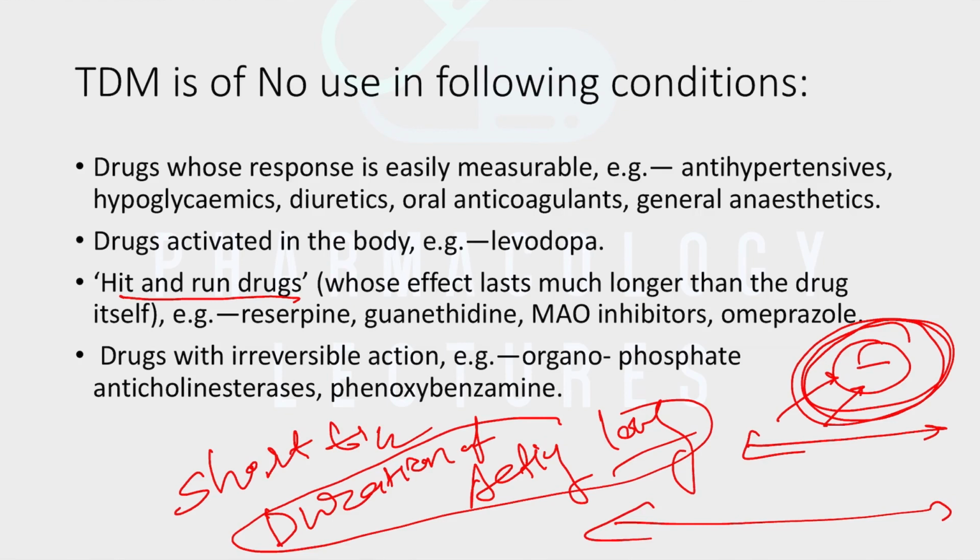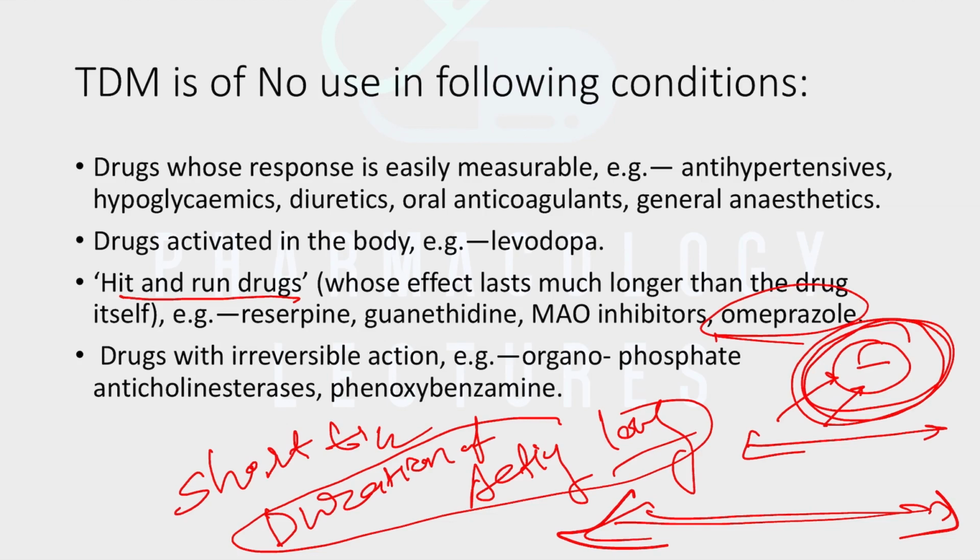Again, it hits its target, runs away quickly out of the body, but its duration of action is longer. For example, drugs like omeprazole remain in the body for 10 or 20 hours, but its action lasts for more than 20 hours, that is 40 or 45 hours.